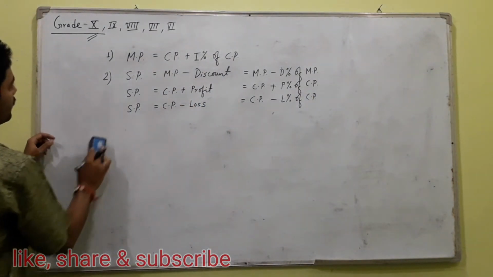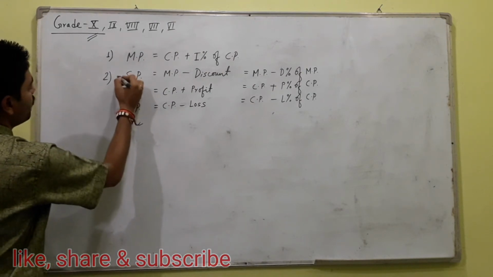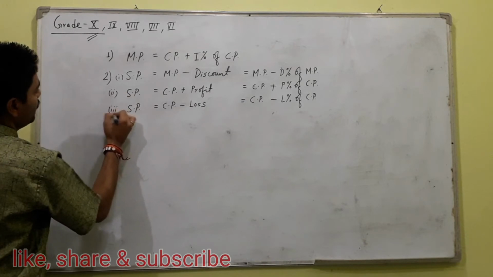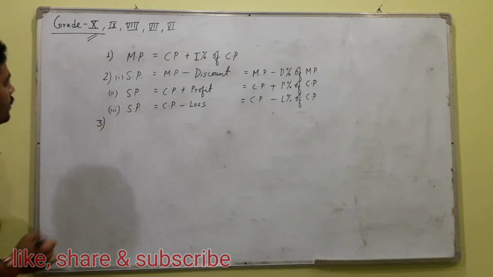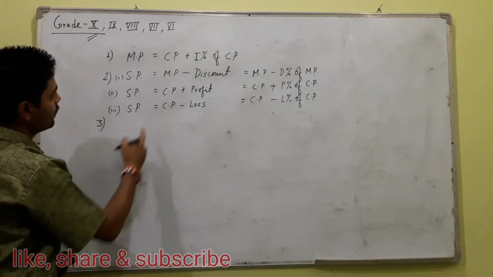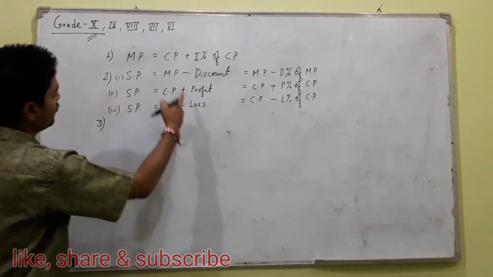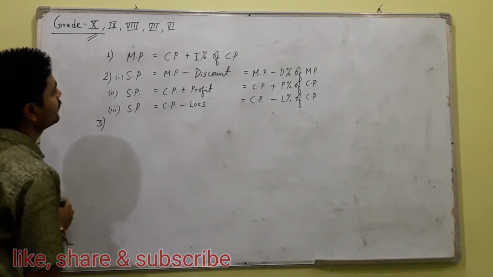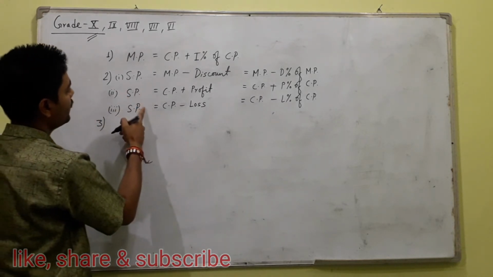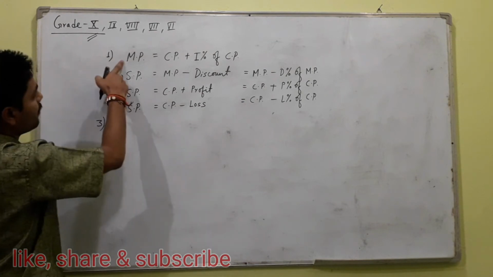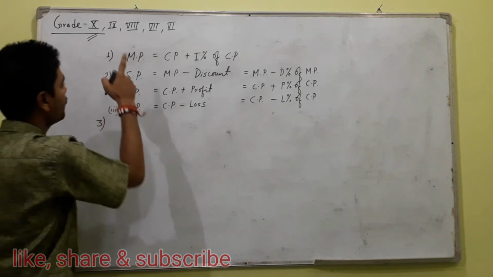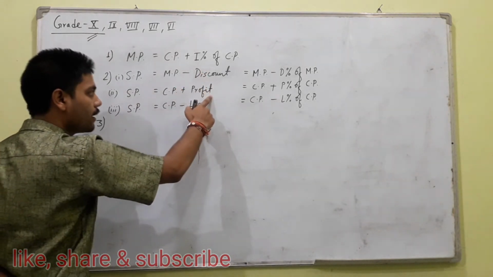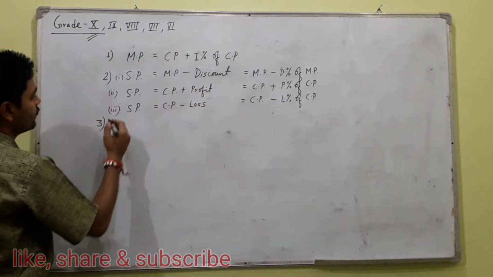So in one sense it is all the same formula, number 1, number 2 and number 3. Now formula number 3, if you see, it is the same as formula number 2. After selling the item, first the mark price is levied on that item. Now the item is sold either with a discount, or there might be profit or there might be loss.